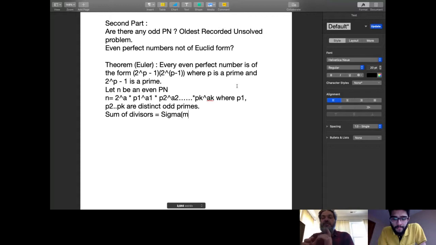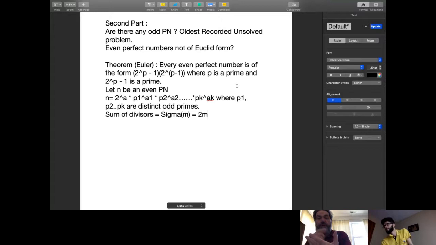That's the sum of divisors, and if our number is a perfect number, this will have to equal not the number, but 2 times the number. So sigma of n equals 2n. Why?